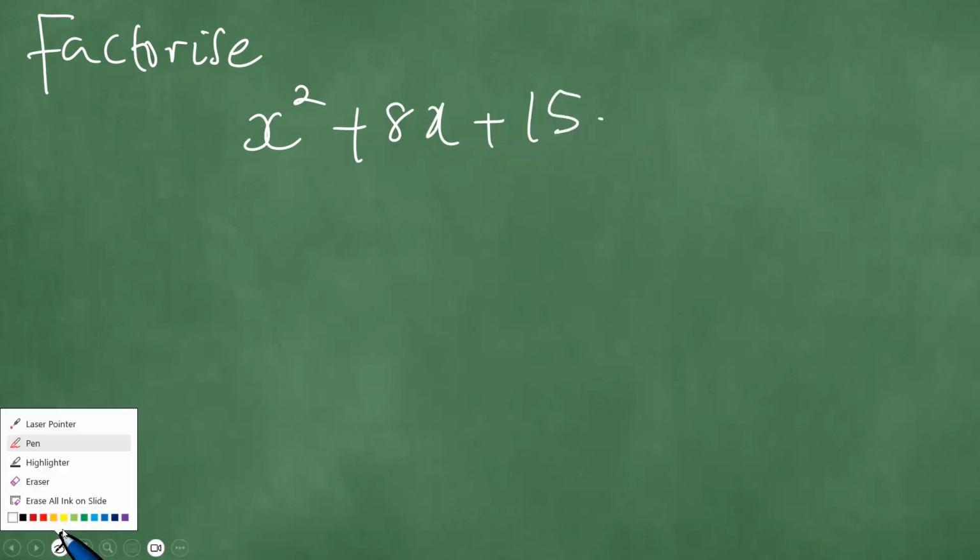Factorize x squared plus 8x plus 15. What's the answer to this?